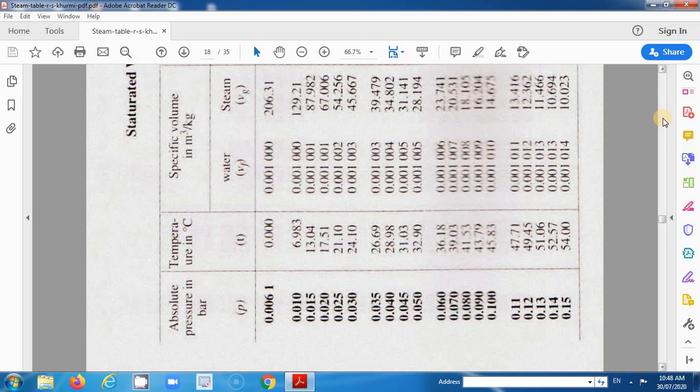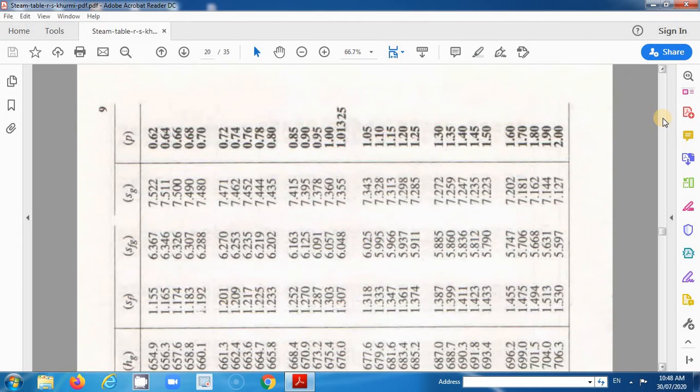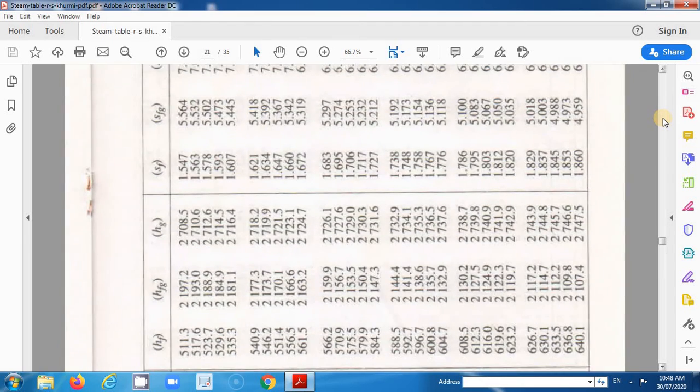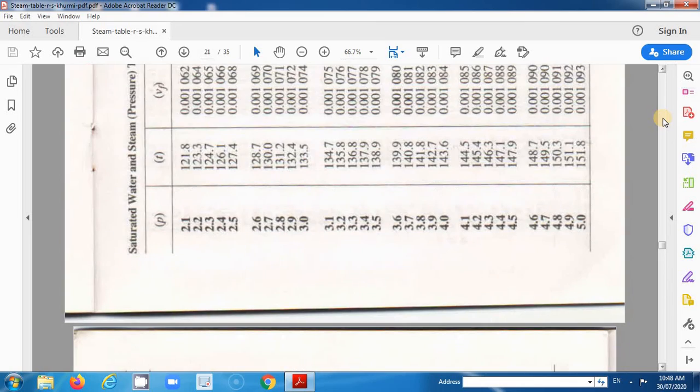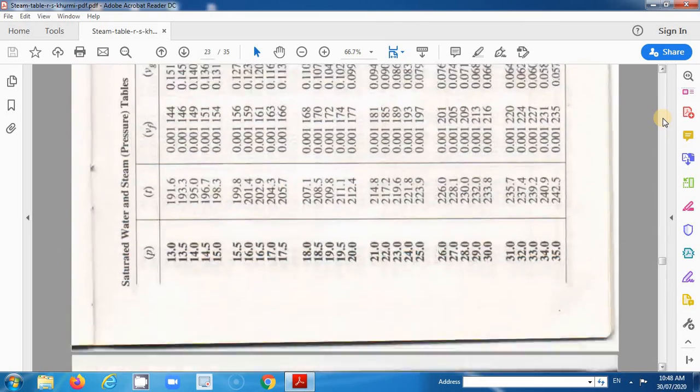Again this steam table starts from the initial pressure of 0.0061 bar up to the critical pressure. We know what the critical pressure is, and their values are given up to that critical pressure.